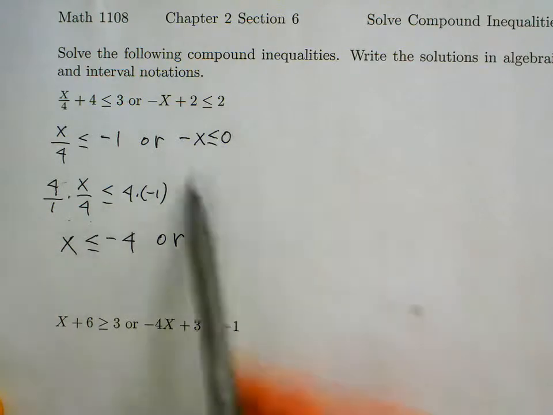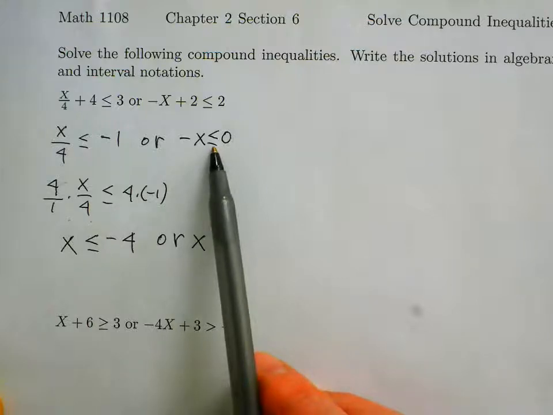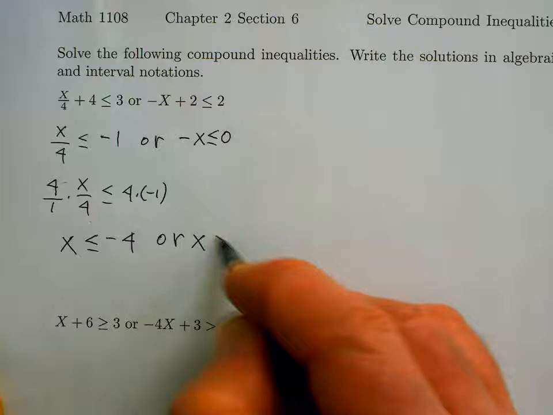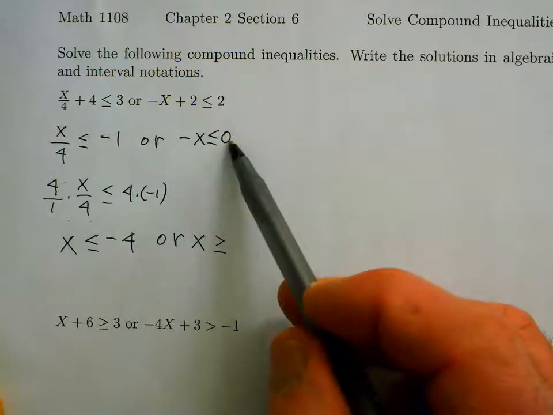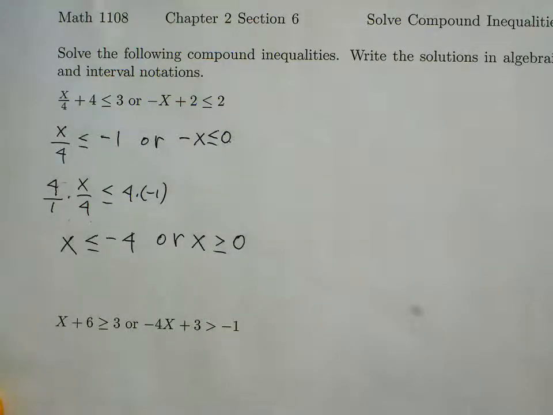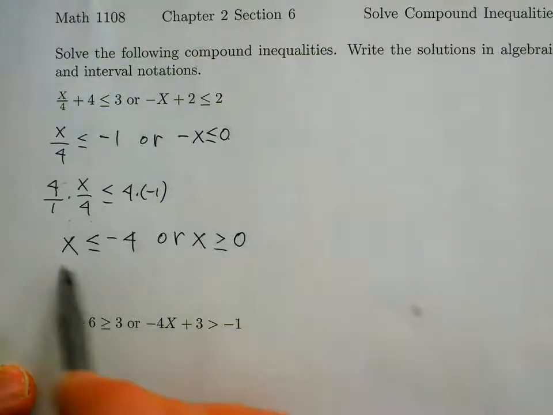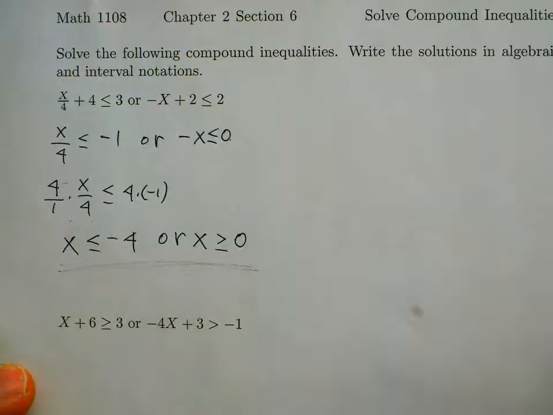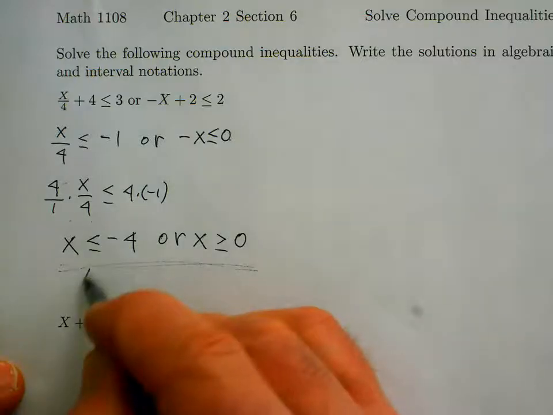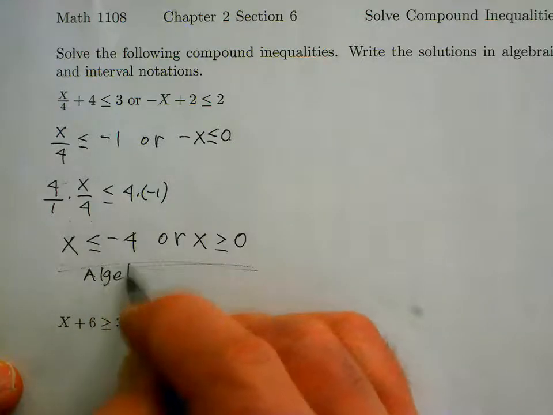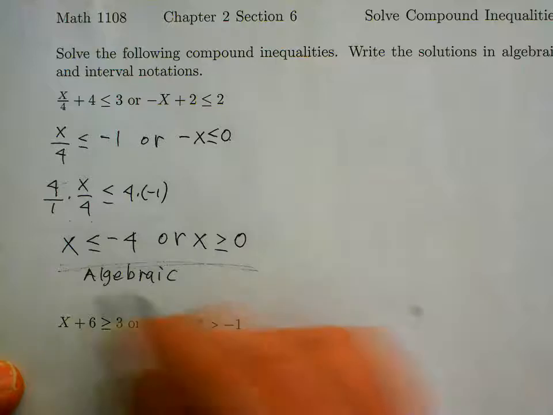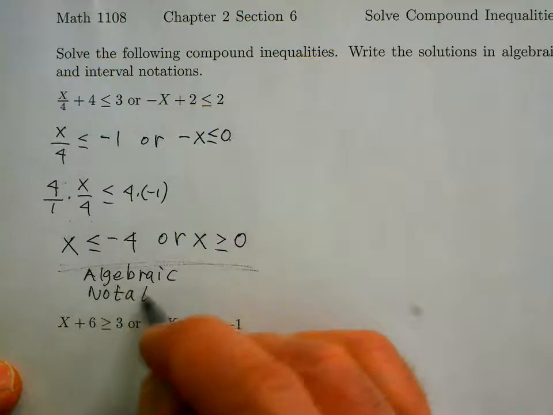Since we're dividing both sides by -1, we have to switch this inequality to greater than or equal. And 0 divided by -1 is still 0. Okay, so this is the algebraic notation.